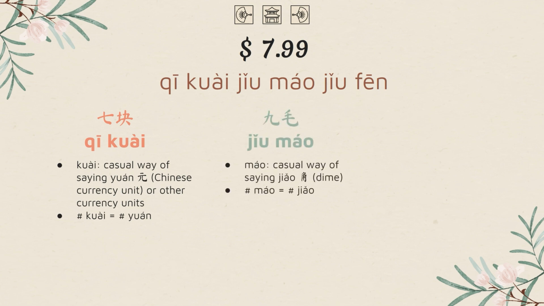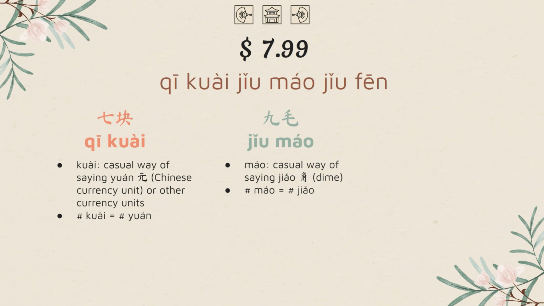So 毛 is another casual way to say 角. 角 is the formal way of saying dime. 毛 also means fur or hair. So 9毛 is 9 dimes. How would you say 60 cents? Yep, so we don't say cent at all. We just say 6 dimes. 6毛. And then if you want to be formal about it, you can say 角. So 9角. But you want to be consistent.